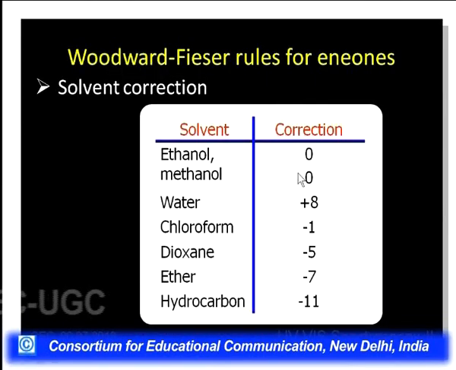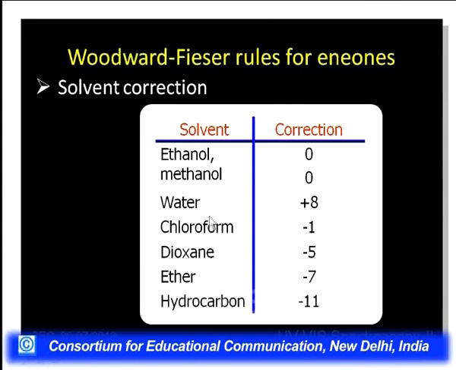Now, as regards the solvent correction, most of the enone spectra were taken in ethanol or methanol. Since the base value is for ethanol or methanol, there is no correction for the solvent ethanol or methanol.